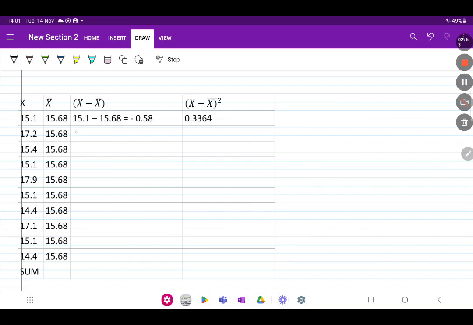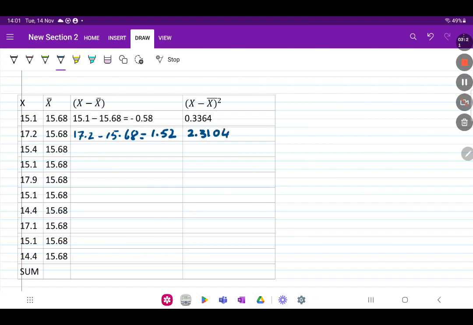The next number, which is 17.2, take away 15.68 and it will give us 1.52. Square your answer, write it down on the last column. So 1.52 squared gives us 2.3104.